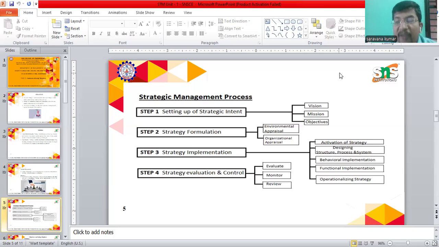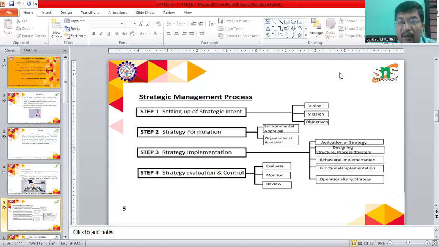Whether everything is okay and right, you can proceed with the same strategy. Suppose anything is wrong and you get negative feedback from the customers, you can change the strategy. This is the whole strategic management process that every organization follows. Now you can clearly understand the strategic management process.